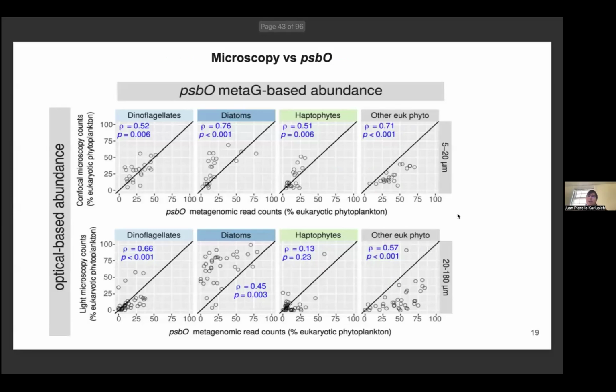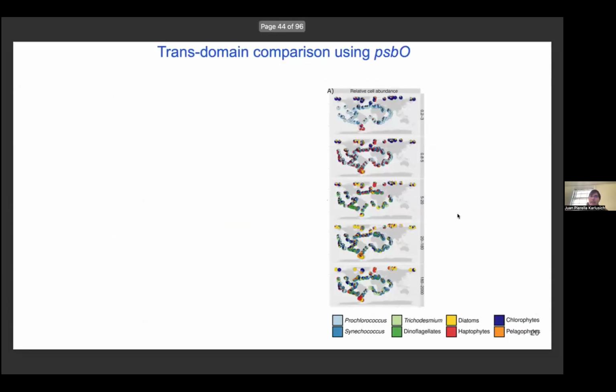Well, these comparisons are only for eukaryotic phytoplankton, but then we went again to the Tara Oceans data to generate a global overview of the complete phytoplankton community, covering eukaryotes and cyanobacteria.